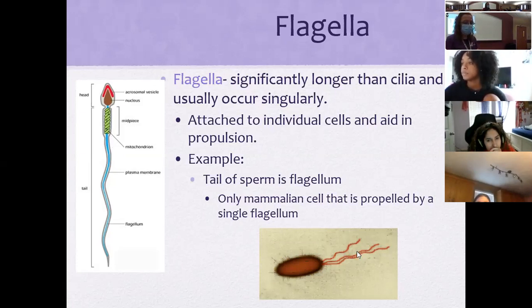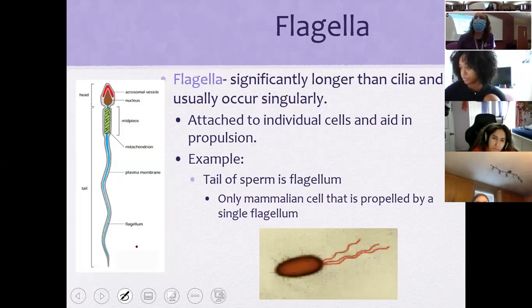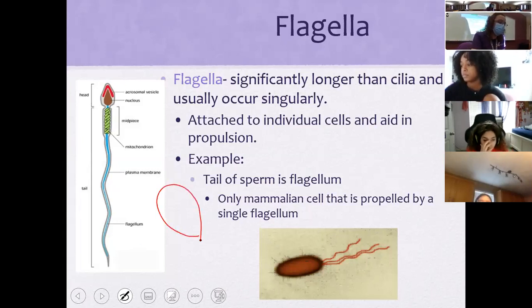Here I've got another picture of a different cell right here. There's that guy. This is a little protozoal parasite. We also have another one. Have you guys ever heard of Montezuma's Revenge? You ever heard, don't drink the water in Mexico? Yeah, this is why. It's a protozoal parasite. He looks like this.